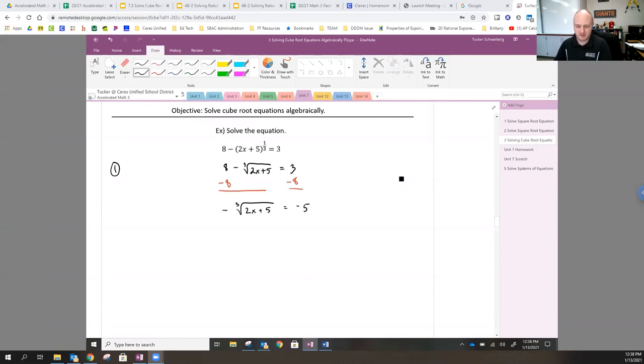And then I'm going to divide both sides by -1. Now, if you wanted to just make that cubic root positive right away and add it to the other side and then subtract 3 on both sides, you could do that too. And you would end up with the same thing. Cubic root of 2x plus 5 is equal to 5.